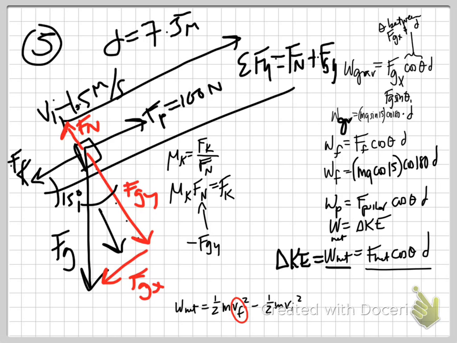So if you're finding this value, you've just found your delta KE. Then once you have delta KE, that's equal to the 1/2 mvf squared minus 1/2 mvi squared. I should clarify that that's delta KE, not just KE. Okay, questions, comments, concerns?